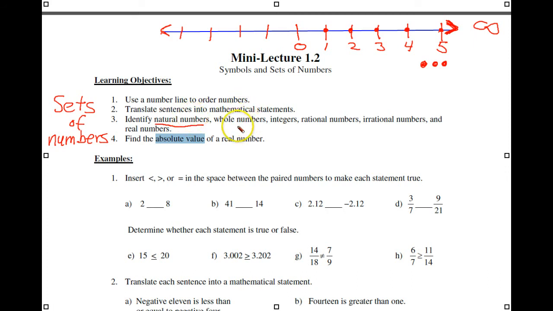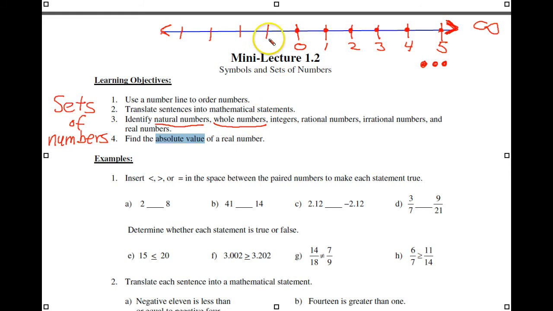Now another set of numbers are the whole numbers. Now the whole numbers include all the natural numbers, but we also add 0 to it. So now I have drawn the graph of the set of numbers called whole numbers.